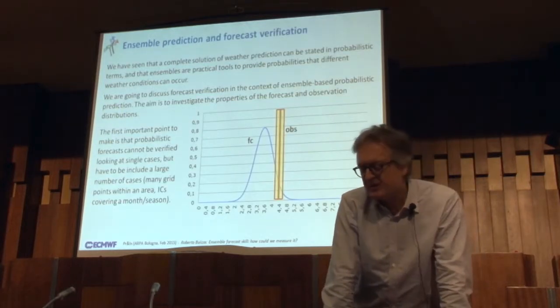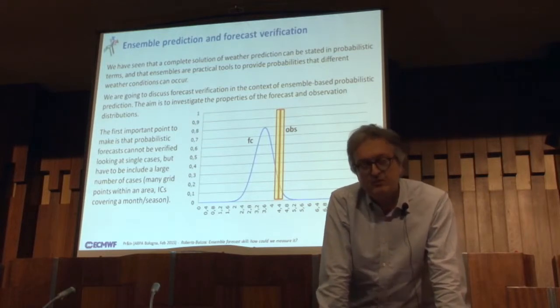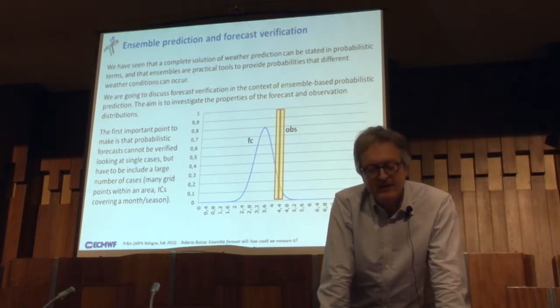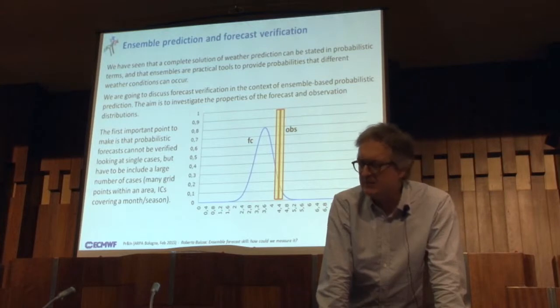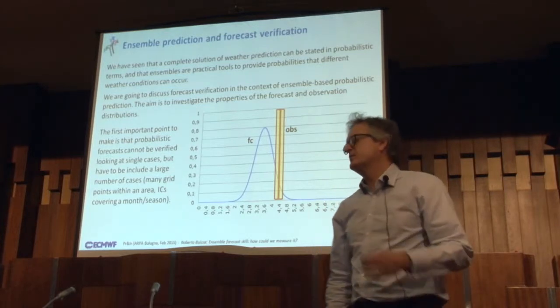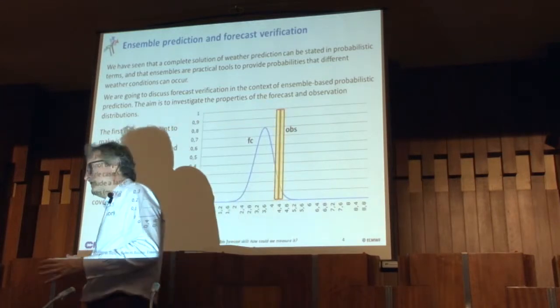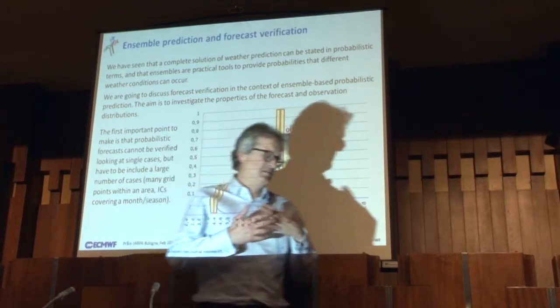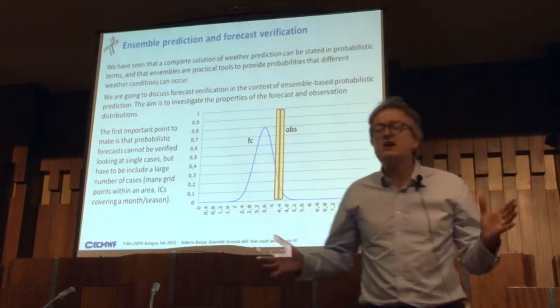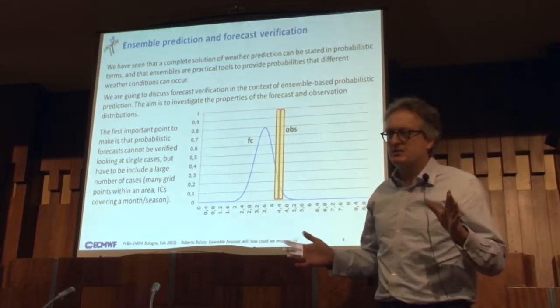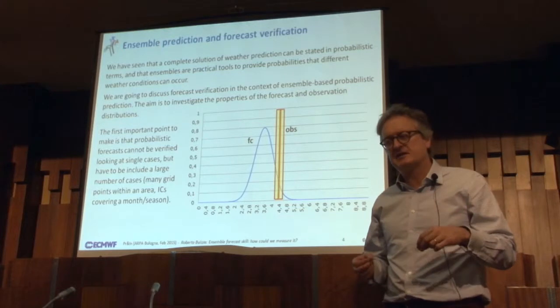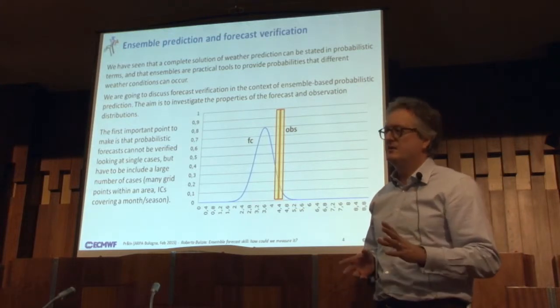So a few concepts. The first important one is that to verify an ensemble system, so a forecast of a probability distribution function, you have to look at a big number of cases. You cannot verify a probabilistic system on one case only.